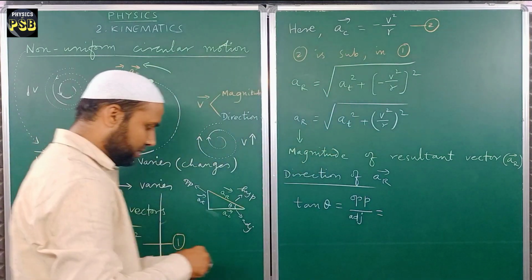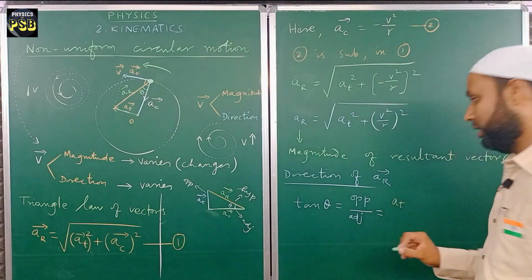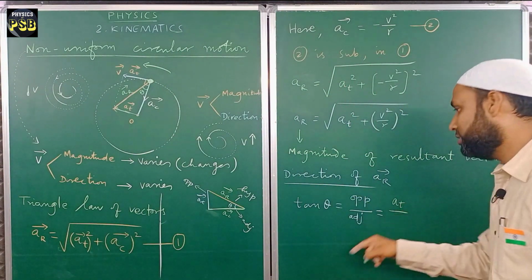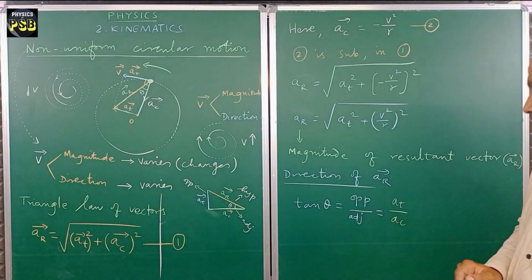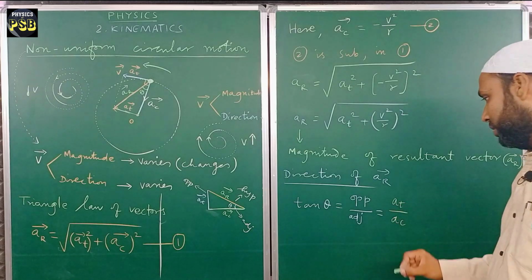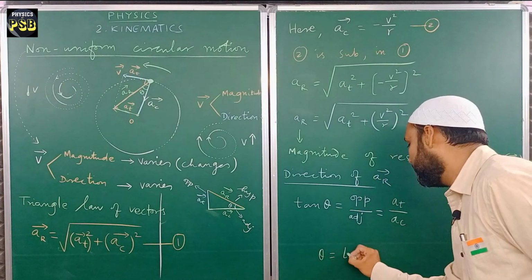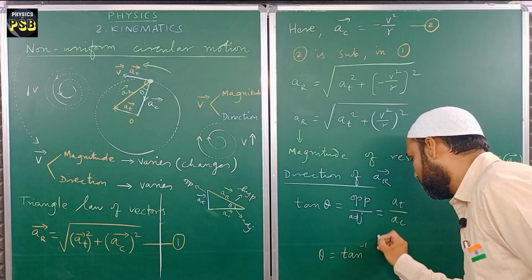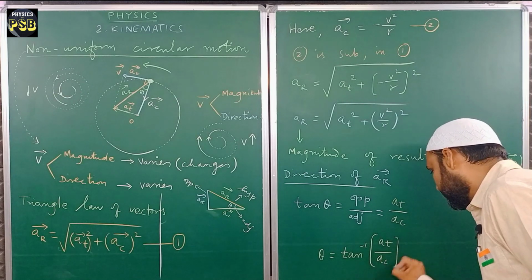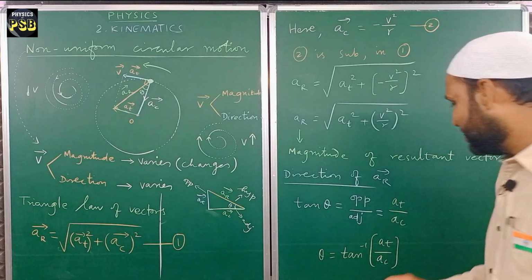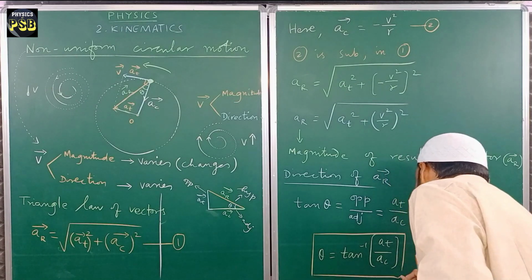This is the opposite, represented by letter AT, and the adjacent side is letter AC. Clear? So this is what we obtained. Now from this, theta is found to be tan inverse of AT upon AC. So this is the final expression which provides us the direction of the resultant vector.